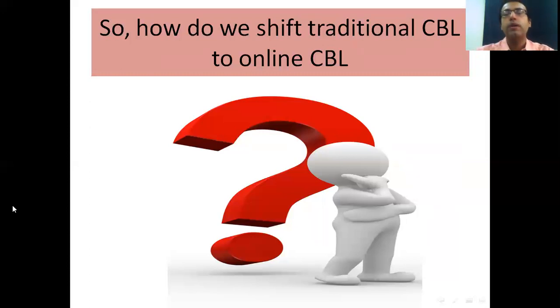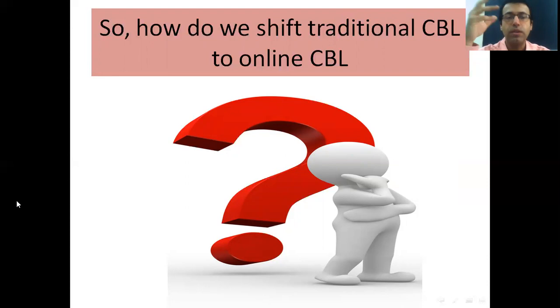Now, it is important to talk about how we shift traditional CBL to online CBL, because online learning is mandatory in the era of COVID-19 and the post-COVID-19 era.